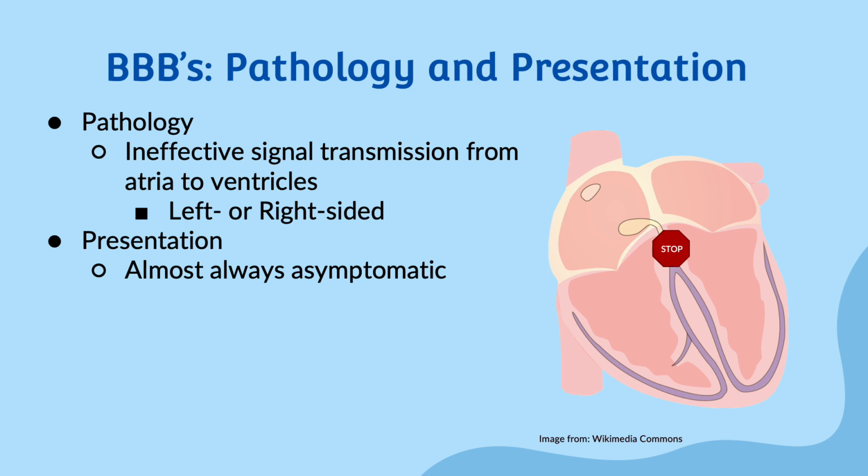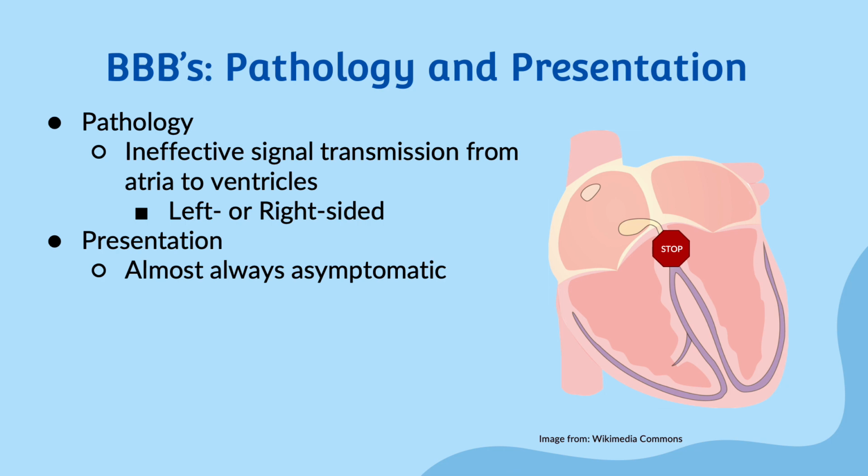This can lead to a prolonged or widened QRS complex on an EKG, which is the hallmark of a bundle branch block. A prolonged QRS complex can result in a decreased contractility of the ventricles, leading to symptoms such as fatigue, shortness of breath, chest pain, and lightheadedness.